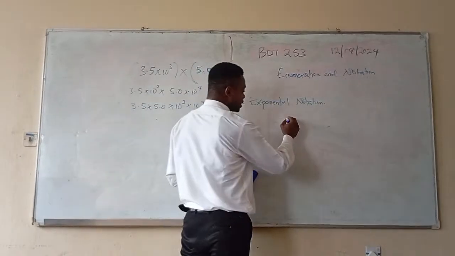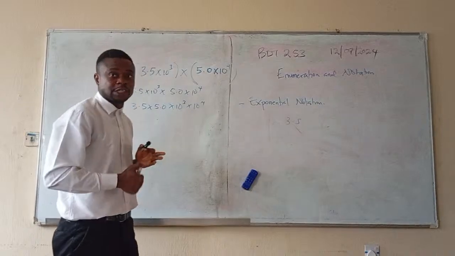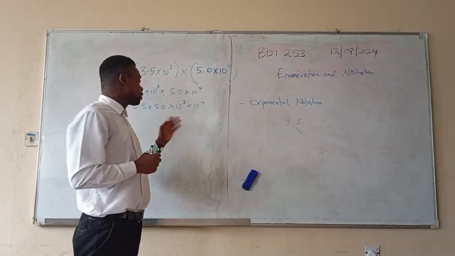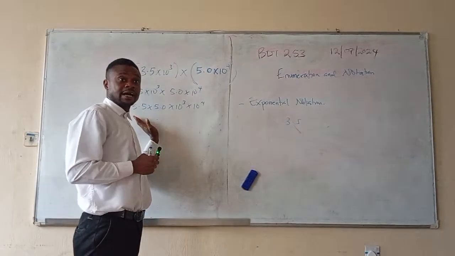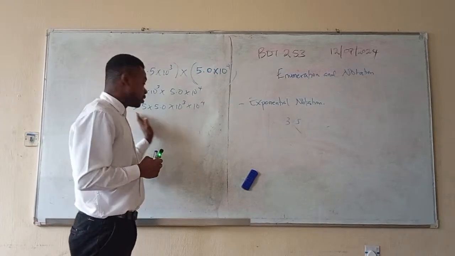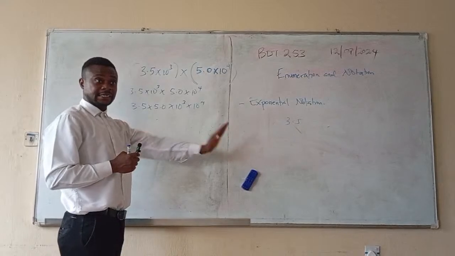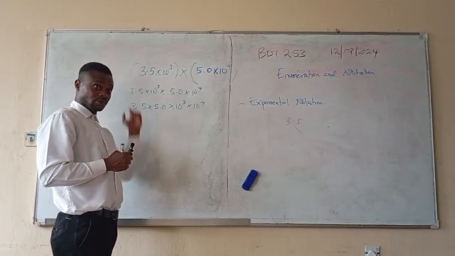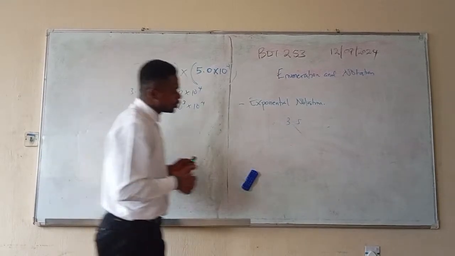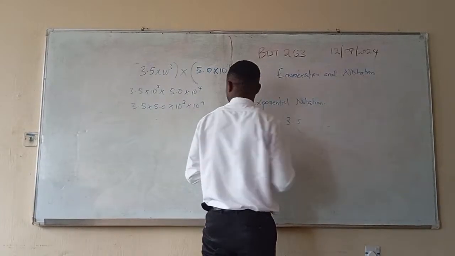Remember what we discussed on how you multiply decimal fractions. If you want, you can push the decimal point aside and introduce it back after, so that you don't get confused.